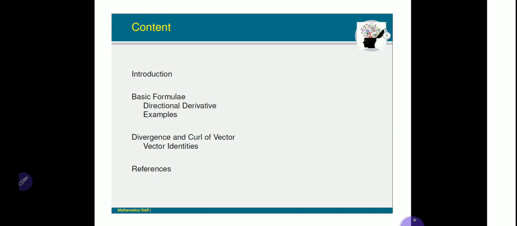Okay, so the objective of this session is to define vector, how to find its dot product, cross product, angle between vectors, tangent vector, velocity vector, acceleration vector, then directional derivative and gradient of scalar point function.